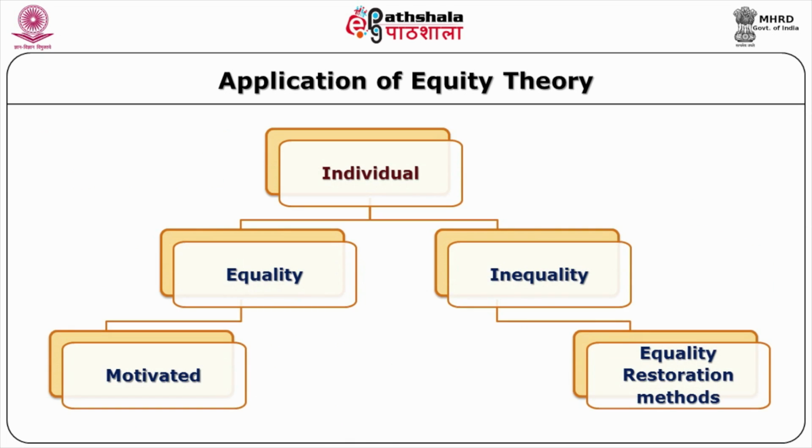As seen earlier also, if the individual perceives equity at workplace, the individual feels motivated. But if the individual perceives inequality at workplace, distress is experienced by the individual, and the individual will try to restore equality through the use of equality restoration methods.